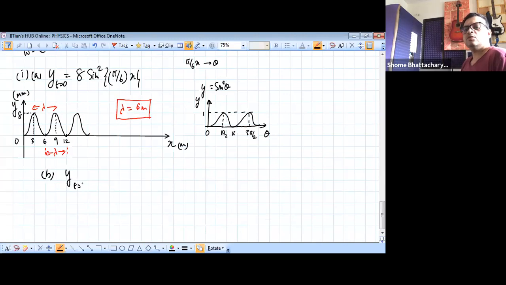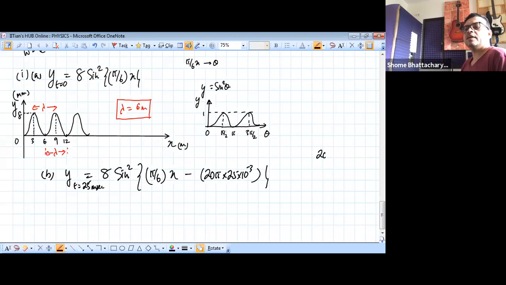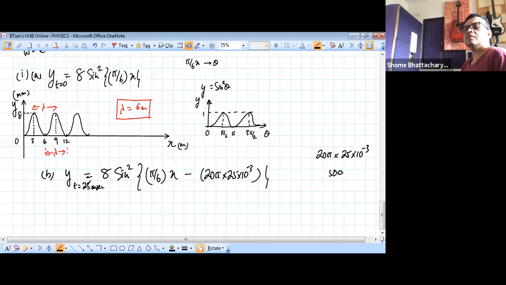So at t equal to 25 milliseconds, this will become 8 sine square (pi by 6 x minus 20 pi into 25 into 10 raised to the power minus 3). So this omega t term, 20 pi into 25 into 10 raised to the power minus 3, that is 500 into 10 raised to the power minus 3 pi.